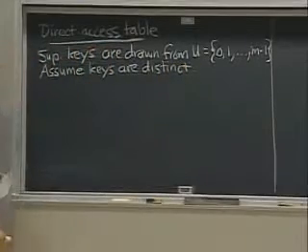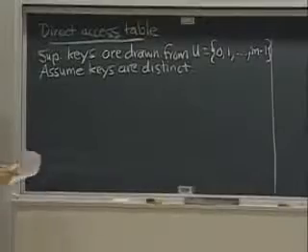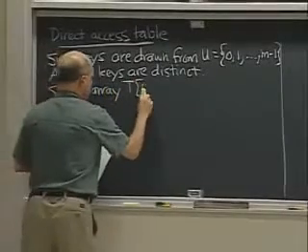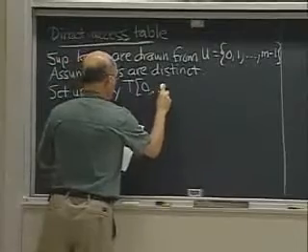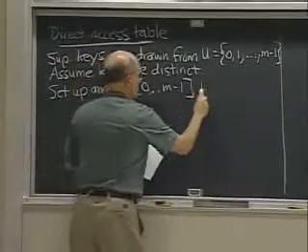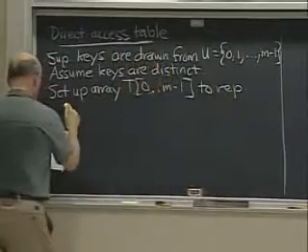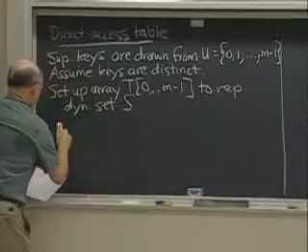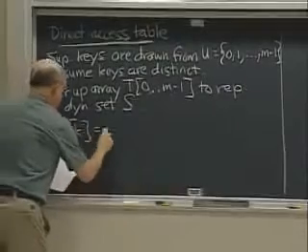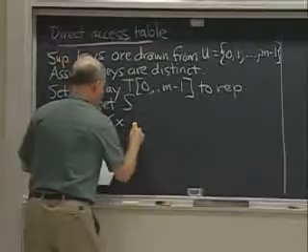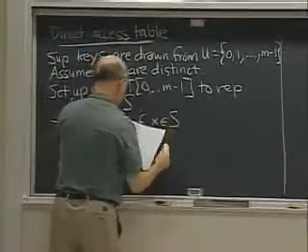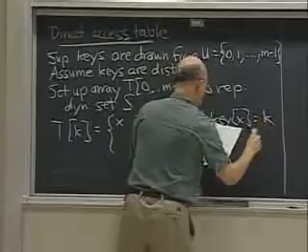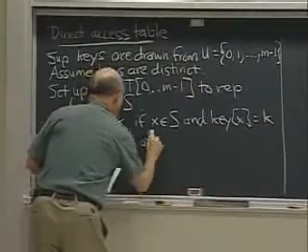So the way a direct access table works is that you set up an array T from 0 to m minus 1 to represent the dynamic set S, such that T of K is going to be equal to X if X is in the set and its key is K, and nil otherwise.